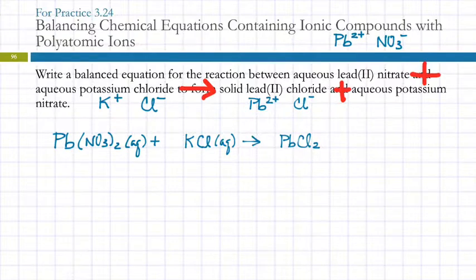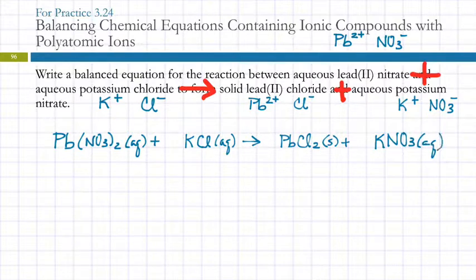So PbCl2, and that is a solid. And then I've got aqueous potassium nitrate, that's K+ and NO3 minus. Those charges are opposite and equal, so it's KNO3, and that's aqueous. Okay, so that's a review of the nomenclature stuff.